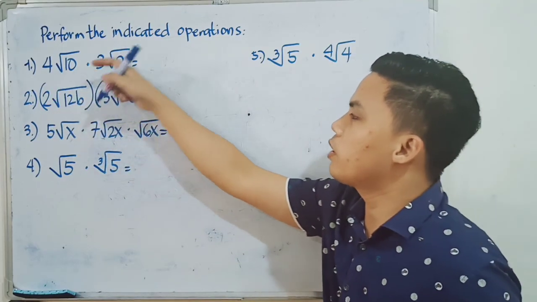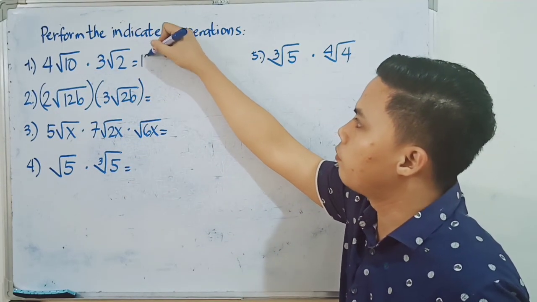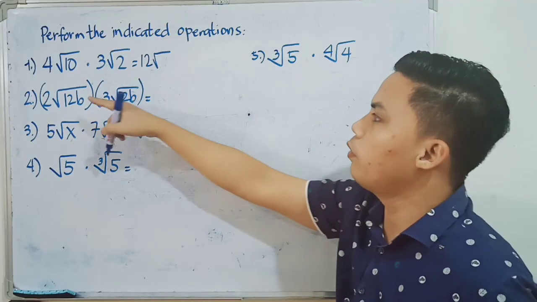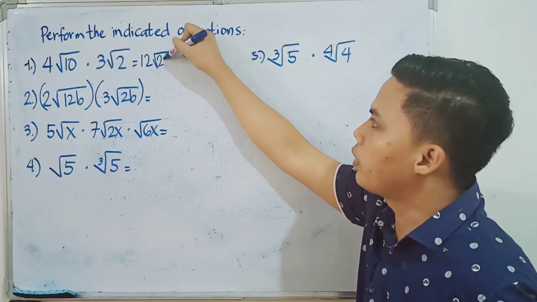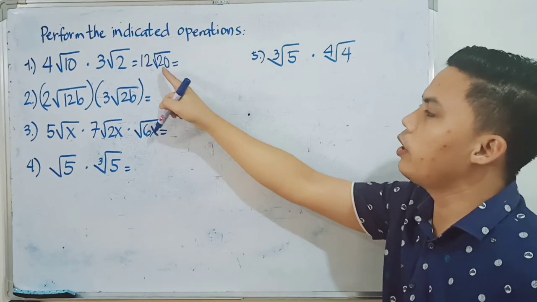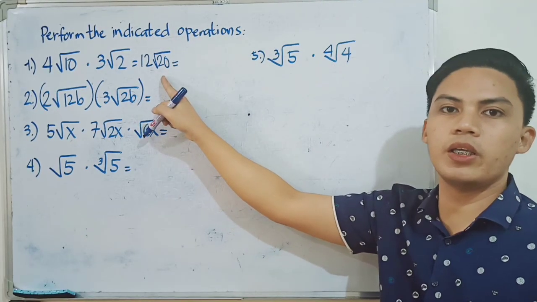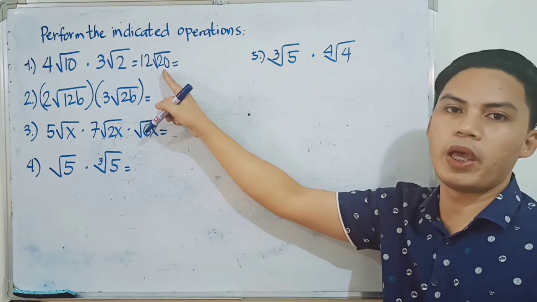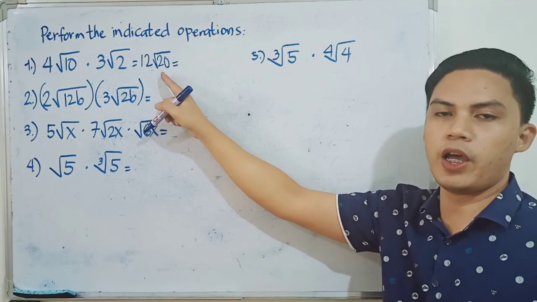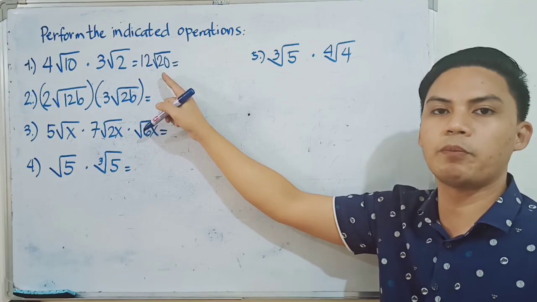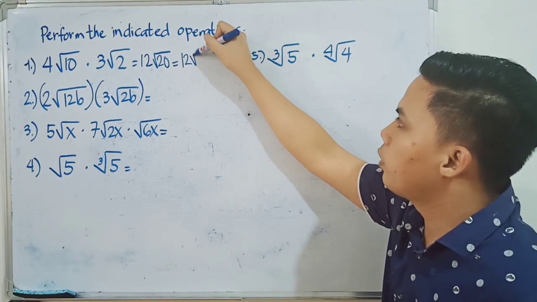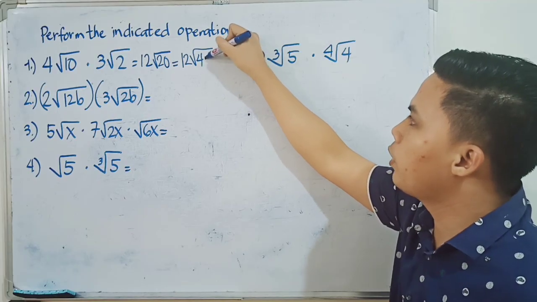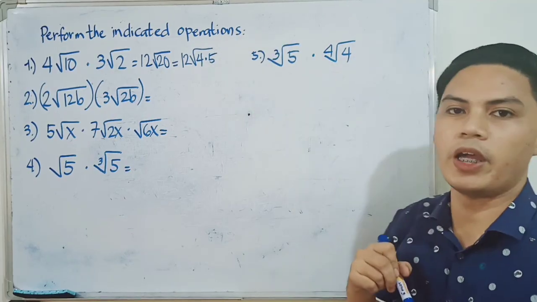So, 4 times 3, that would be equal to 12. Then, square root of 10 times 2, that would be equal to 20. If we're going to look at it, pwede pa natin masimplify si square root of 20. May factor siya na 4 and 5, in which yung isang factor niya is a perfect square. So, we will have 12 times the square root of 4 times 5, right?